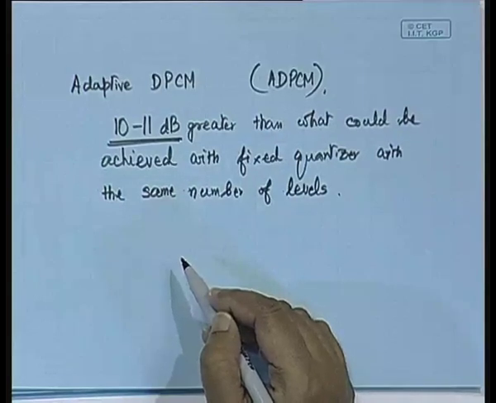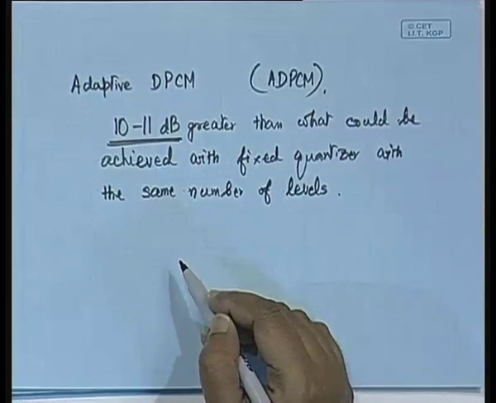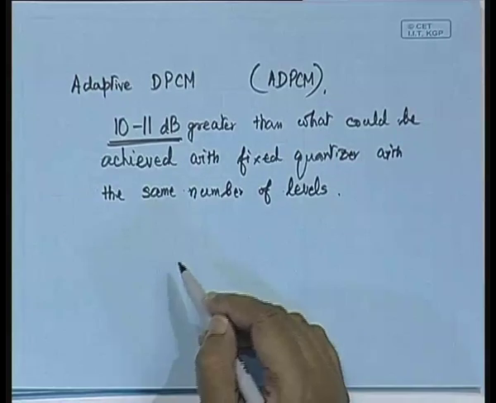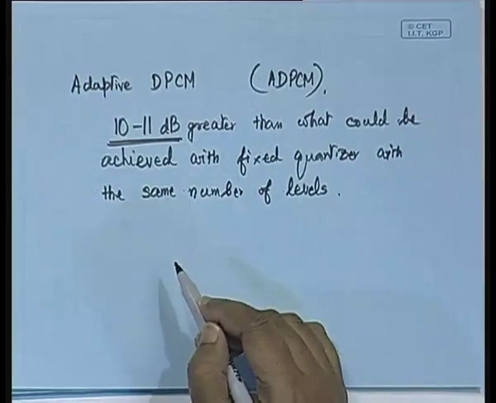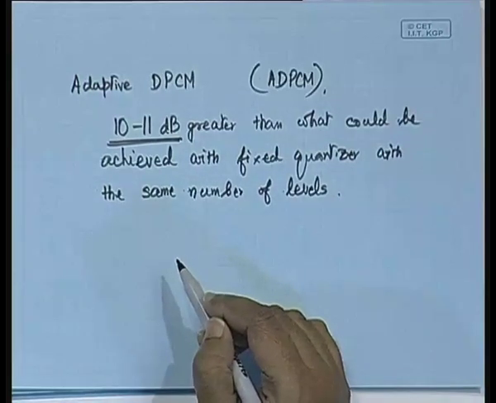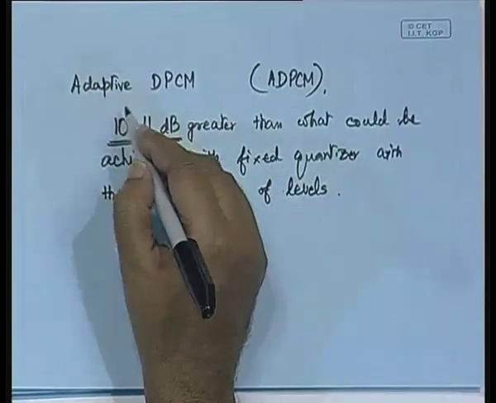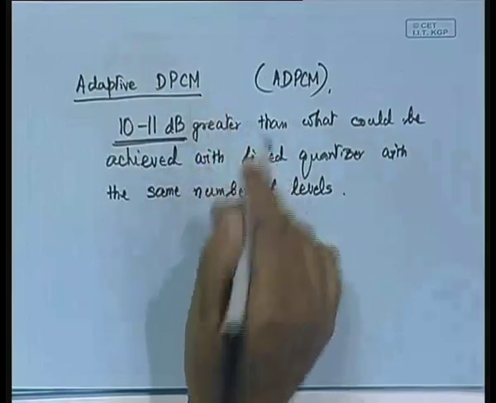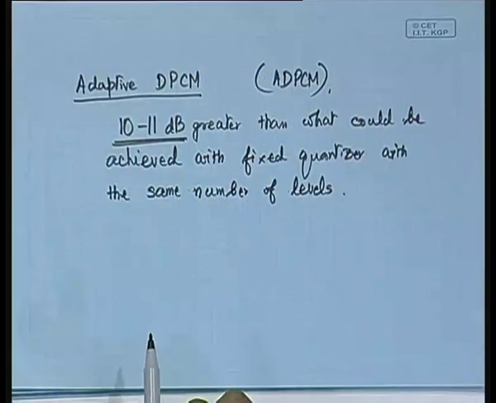So, now you see that if you now compare the adaptive DPCM performance with that of a PCM, the improvement is manifold. Okay. And for speech waveform coding, adaptive DPCM is going to be a very attractive type of waveform coding approach.